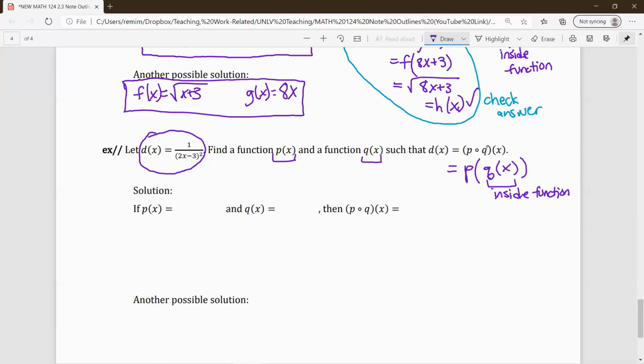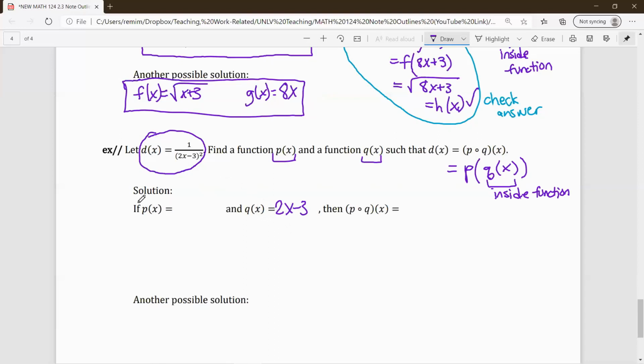So start with our inside function. So look at this d of x. What part of this expression here could we use as our inside function? Let's just go with this 2x minus 3 and see what happens. 2x minus 3. And that will be our inside function. So we need to come up with our outside function for p of x.